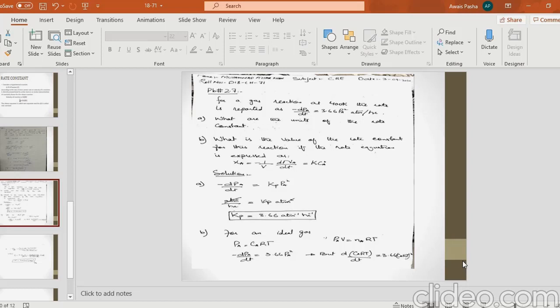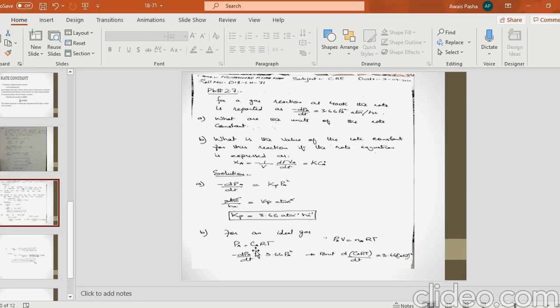When we discuss its B portion, from the general gas equation we know that the product of pressure and volume is equal to the number of moles, the general gas constant and the temperature. When we divide the volume by the number of moles, then it becomes mole per decimeter cube, which can be written as the concentration.